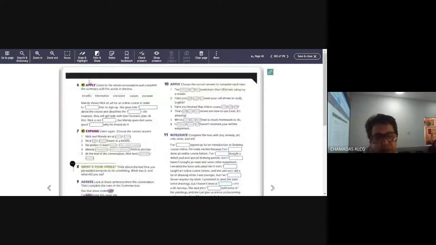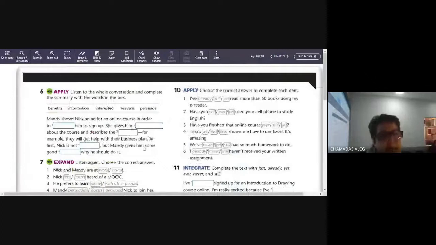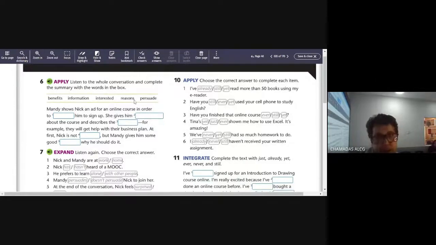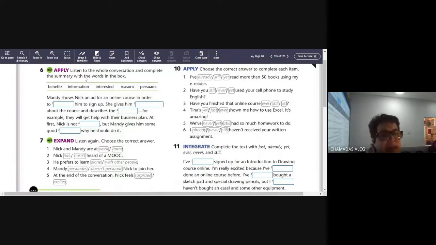Okay, so based on this, we are going to see some vocabulary related to learning in general. Activity number 6 says, listen to the whole conversation and complete the summary with the words in the box.